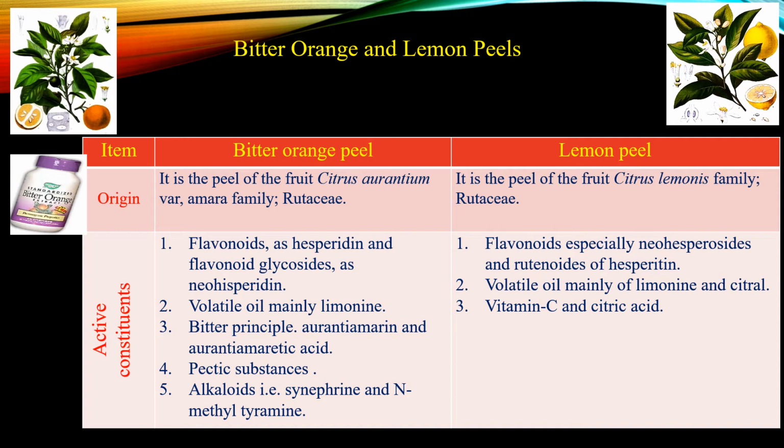Lemon peel contains flavonoids, especially neohesperidin, neohesperidosides and rutinosides of hesperidin. Rutinoside is a glycoside of hesperidin. It also contains volatile oil, mainly limonene and citral, vitamin C and citric acid.